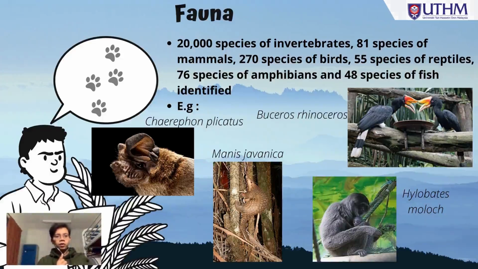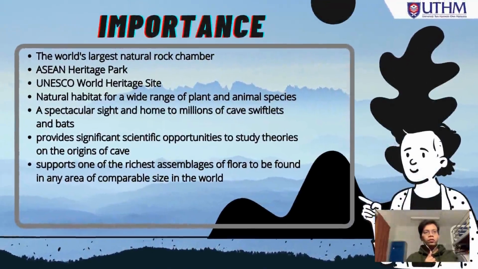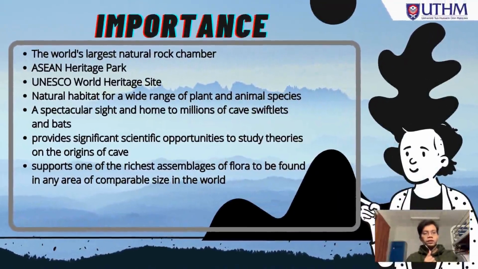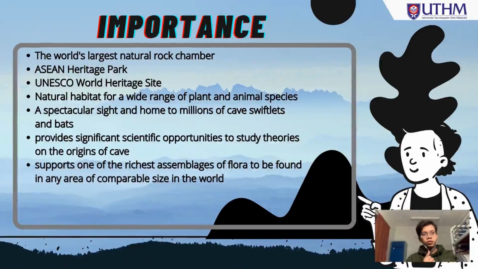The importance of Gunung Mulu: it has the world's largest natural rock chamber. It is gazetted as an Asian Heritage Park and UNESCO World Heritage Site. It is also a natural habitat for a wide range of plant and animal species.